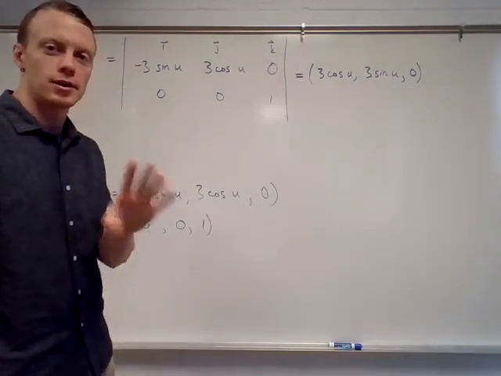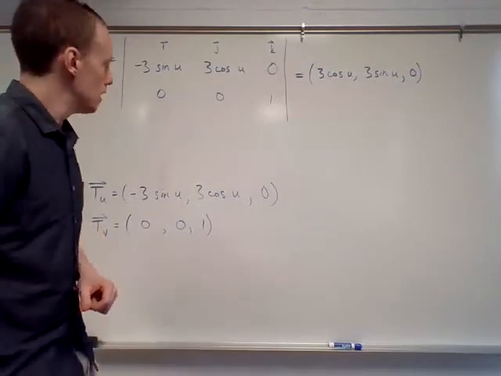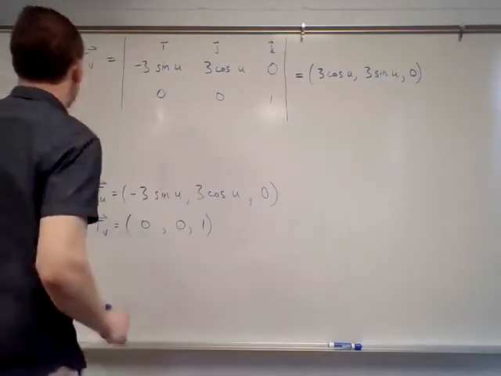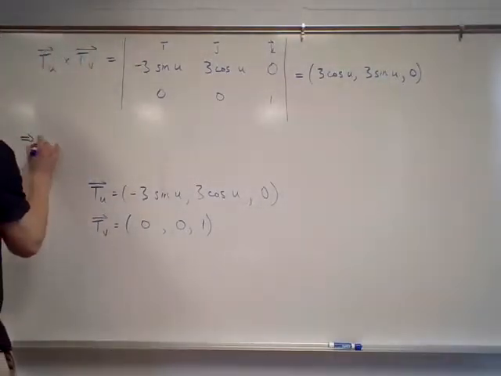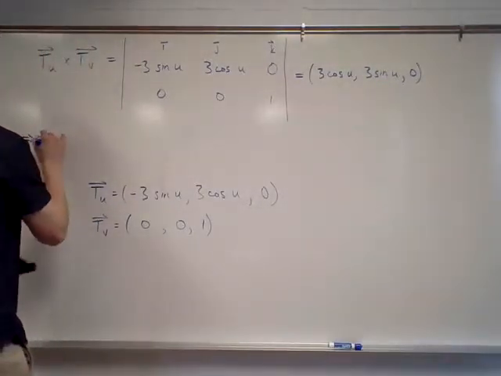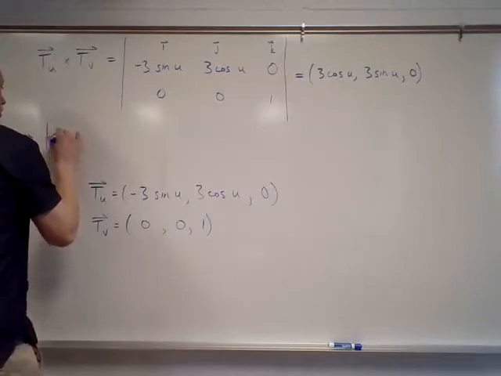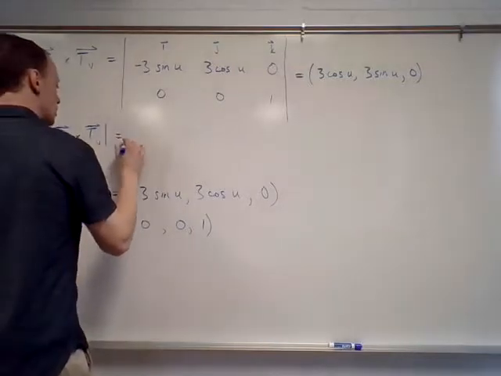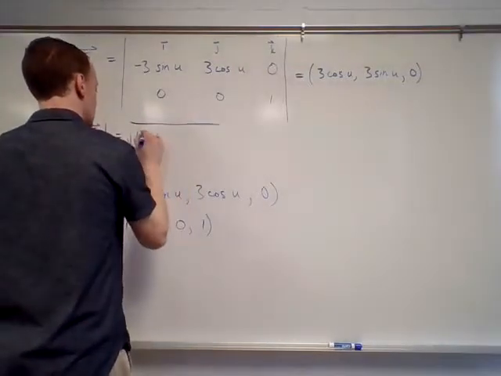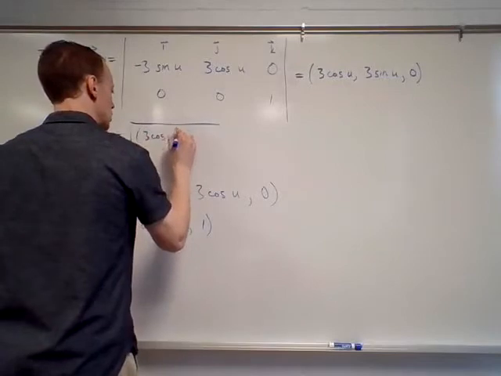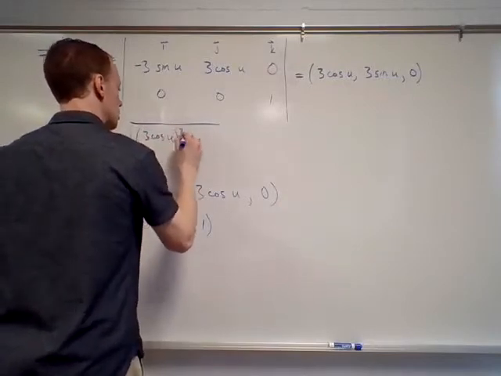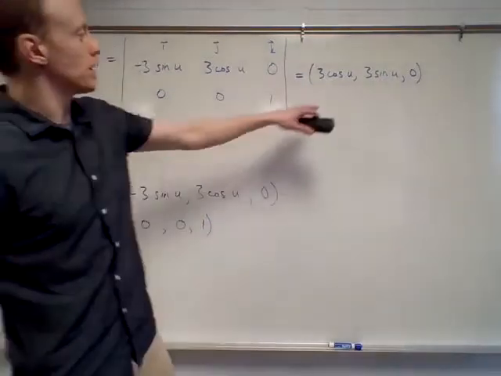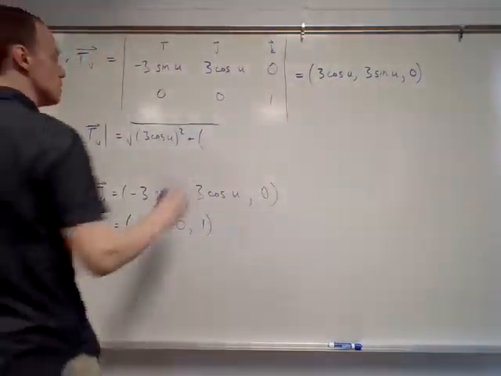So this is our cross product here. Now we're going to find the norm of this, which is going to be the square root of the sum of the squares of each of these components.